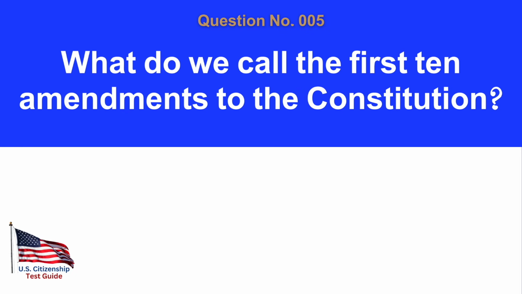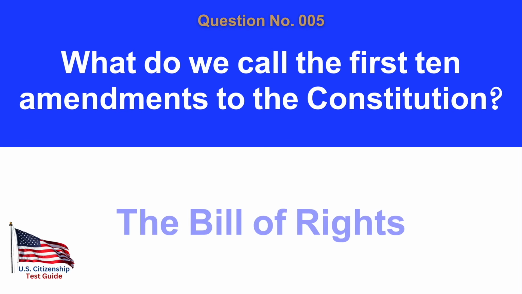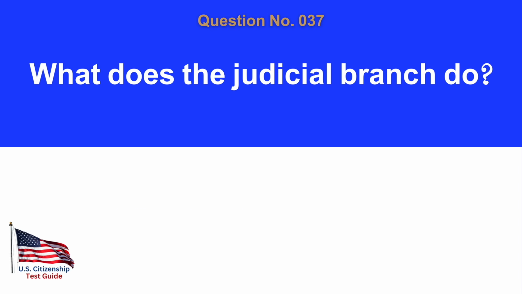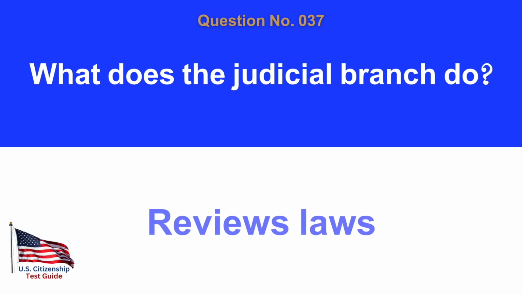What do we call the first 10 amendments to the Constitution? The Bill of Rights. What does the judicial branch do? Reviews laws.